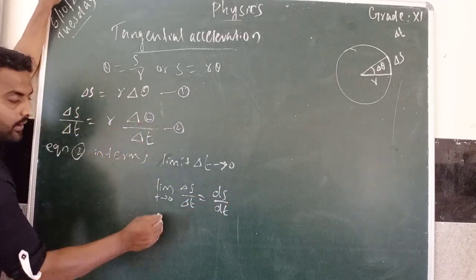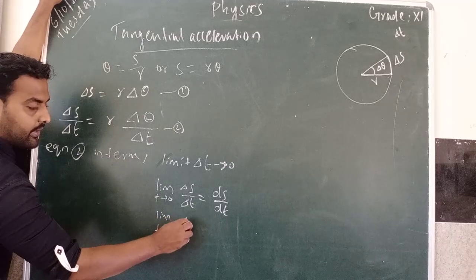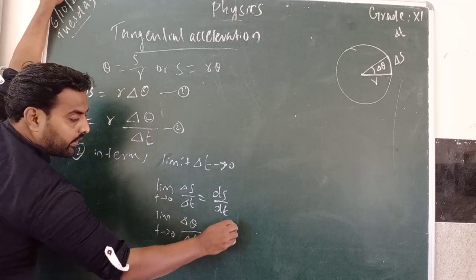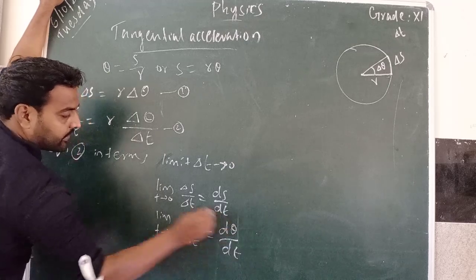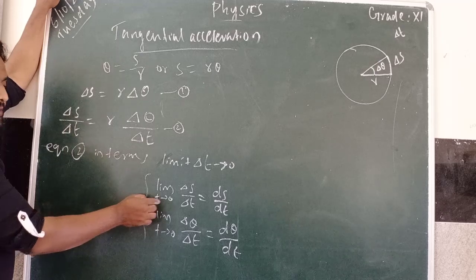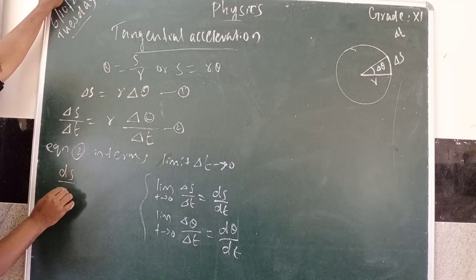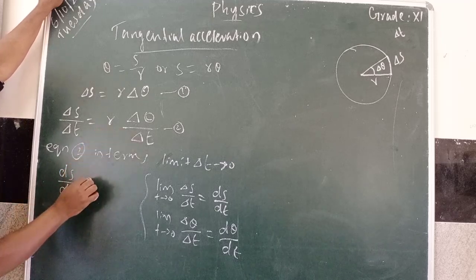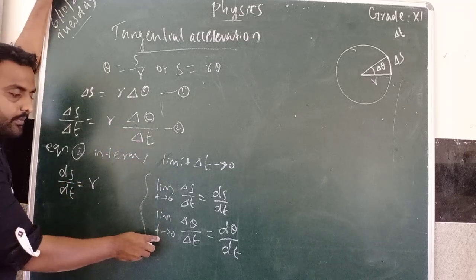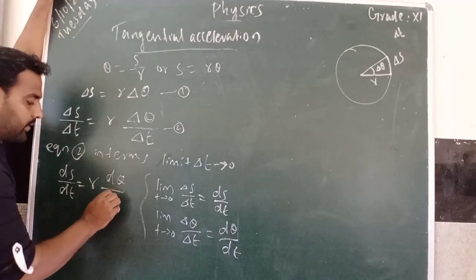The same thing here, limit t tends to 0, delta theta by delta t you can write as d theta by dt. Remember this. So instead of limit delta s by delta t, you can write ds by dt equal to r into, instead of limit delta theta by delta t, d theta by dt.